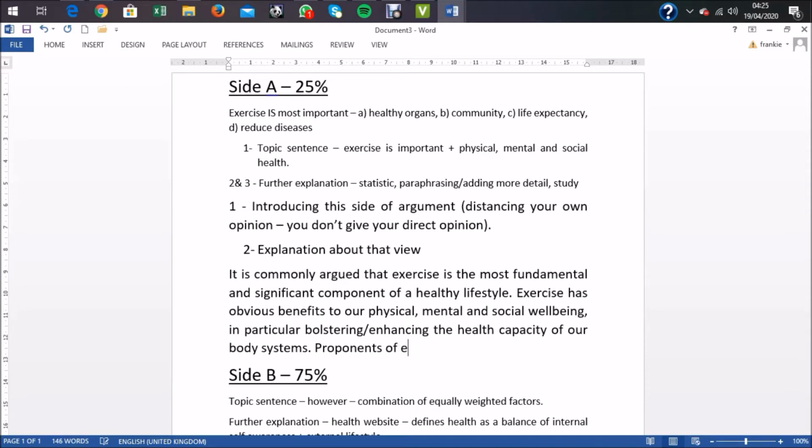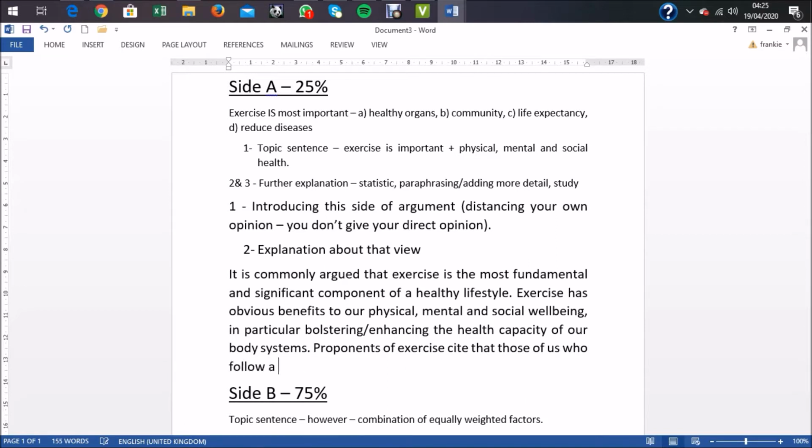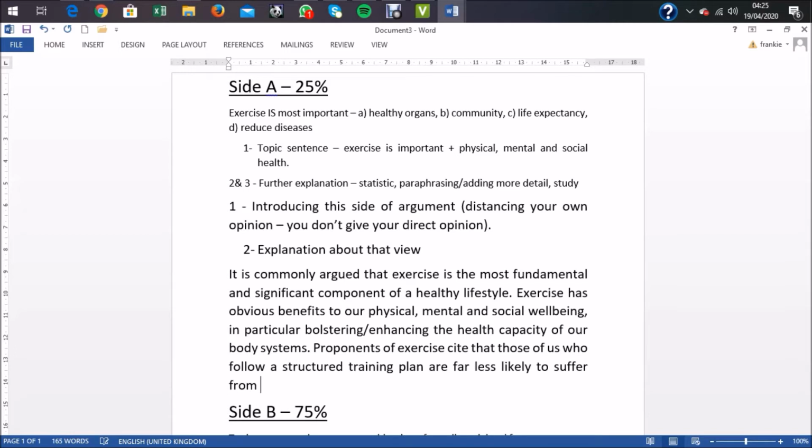Proponents of exercise cite that those of us who follow a structured training plan are far less likely to suffer from heart diseases or other health complications. Okay, so guys, that's the explanation of that view.